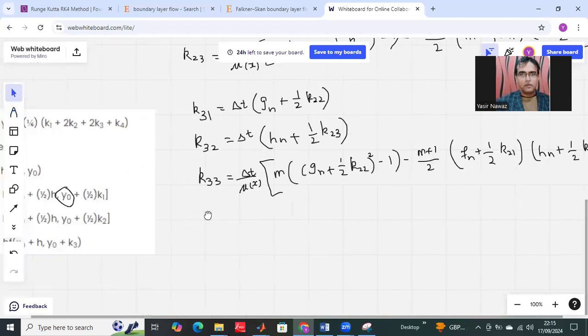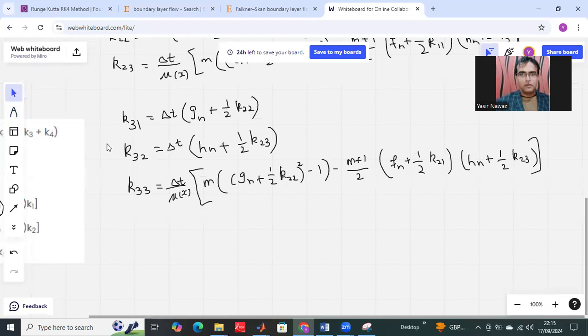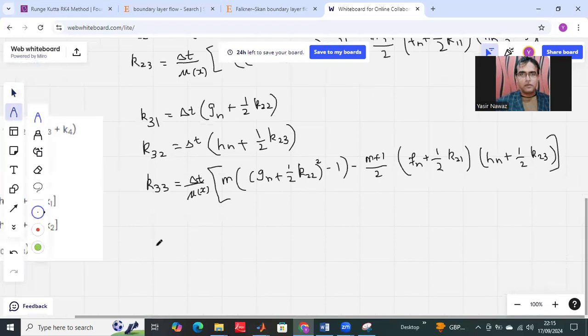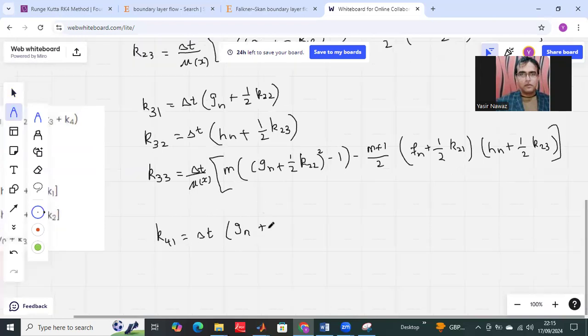Plus the final stage, which is y naught plus K3. I will not write the half now. So K41 is equal to delta T times Gn plus, for G that would be the K3, and then K42. K42 is delta T Hn plus K33, and then K43.